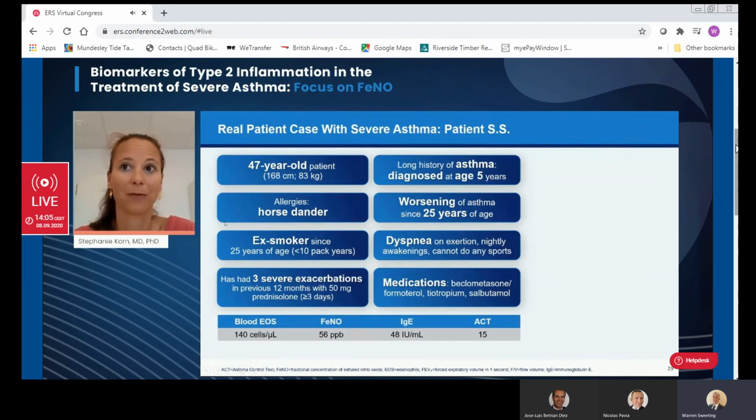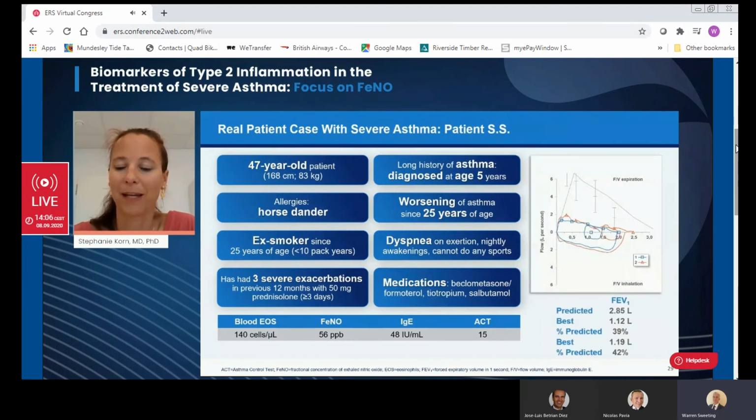These are the biomarkers that we had from the patient. Blood eosinophils were not very high, at 140 cells per microliter. FeNO was elevated at 56 parts per billion. IgE was quite low, despite the patient having some allergies. The asthma control test was 15 points, indicating that the patient had uncontrolled asthma.